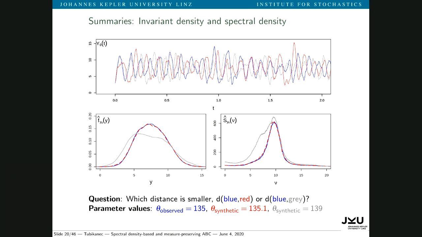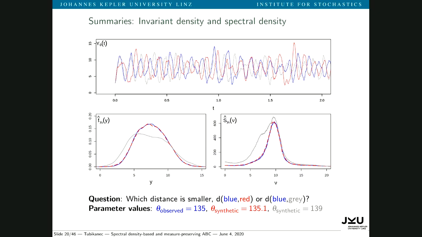Another thing we observed in our experiments is that from here on, it does not matter so much which kind of distance you choose between these curves. It does not strongly influence the ABC results. So in the end, we decided to simply compute the area between the densities and between the spectral densities, and basically sum them up.